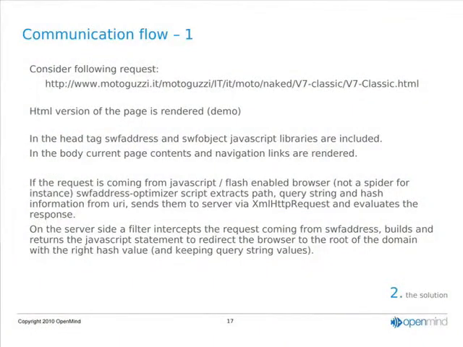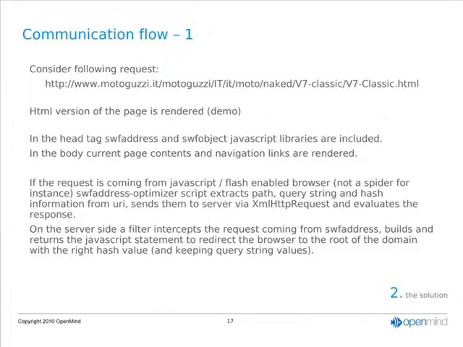I want to show you a sample of the communication flow between the client and the server. For example, if I consider this request, which is an internal page, the HTML version of the page is rendered.